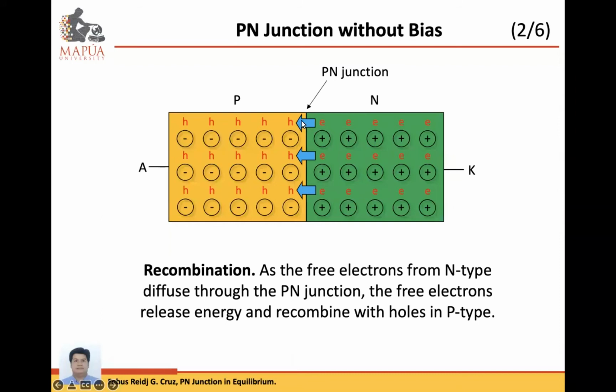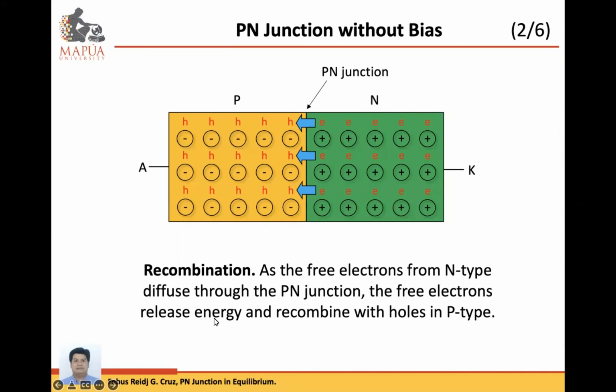Then when the free electrons are nearby the available holes, the next possibility is the so-called recombination. This is the process wherein as the free electrons from the n-type side diffuse through the p-n junction, they release energy.